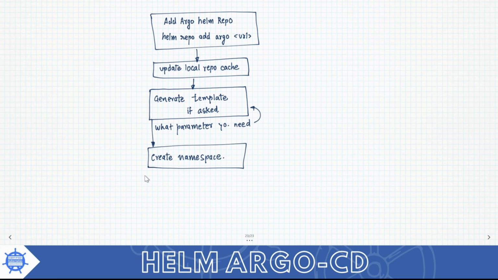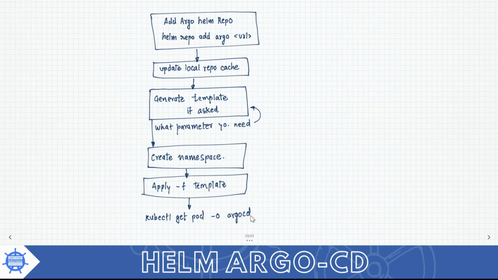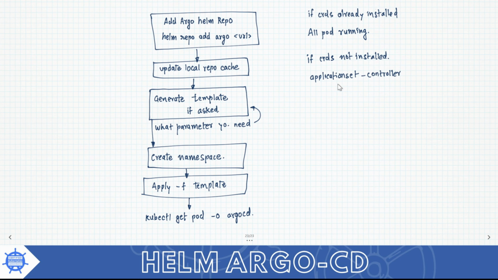You can do it here or here, but now apply the template and then kubectl get pod -n argocd, because this is the namespace we have created. If CRDs are already installed, then all pods are running. If CRDs are not installed, then the pods dependent on those CRDs, the application set controller and ArgoCD server, will not work. The rest of the pods will run.